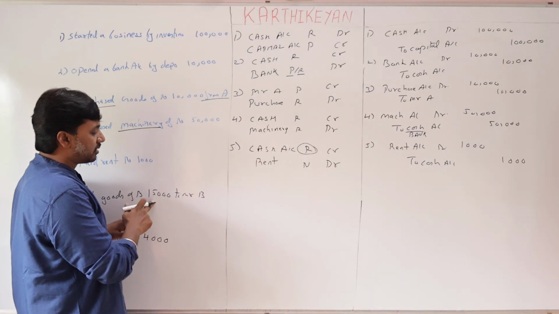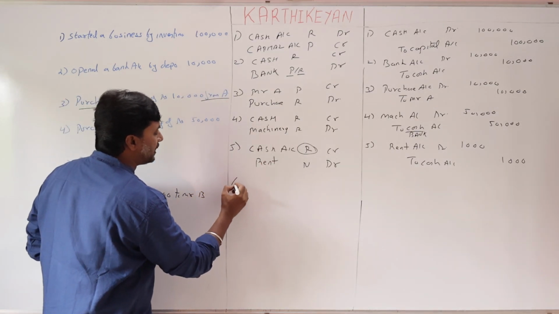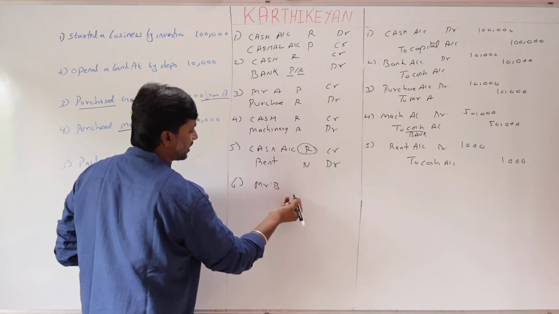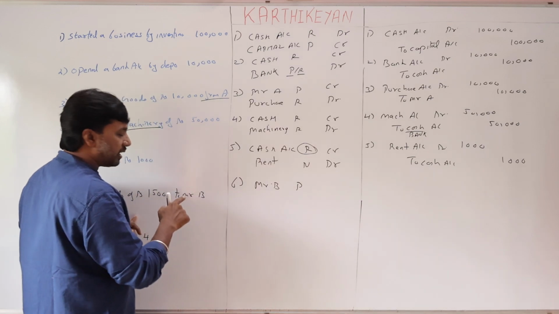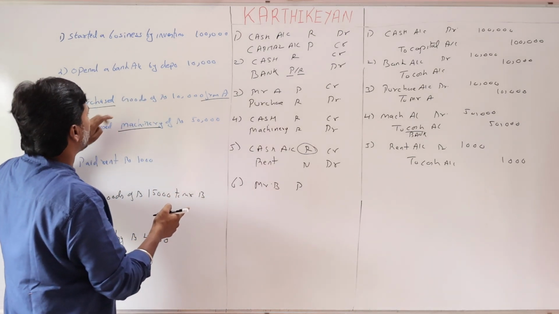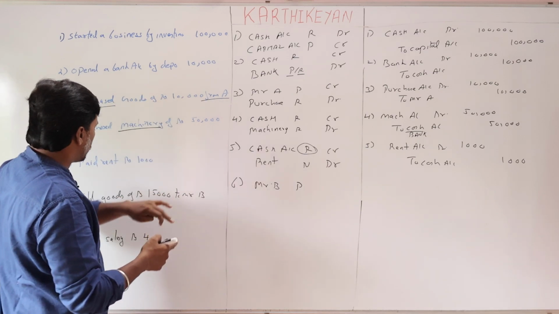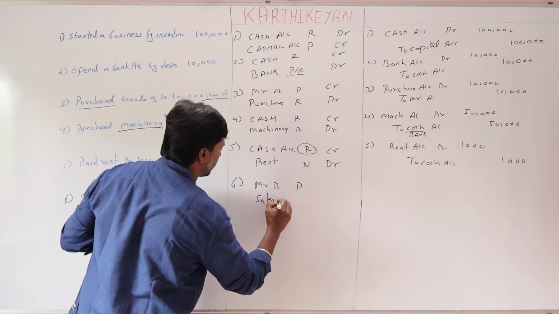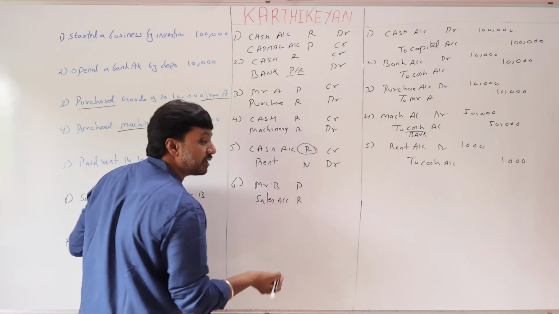Sold goods of 15,000 to Mr. B. Mr. B, again what account? Personal. It's a credit transaction, personal, right? But if it is a credit transaction, it will be of two types only, beta. Either you are buying goods on credit or you are selling goods on credit. Here it is sales. Sales comes under what type? Real.